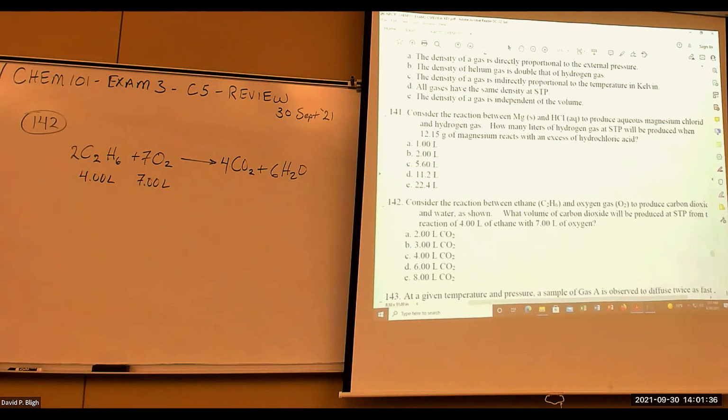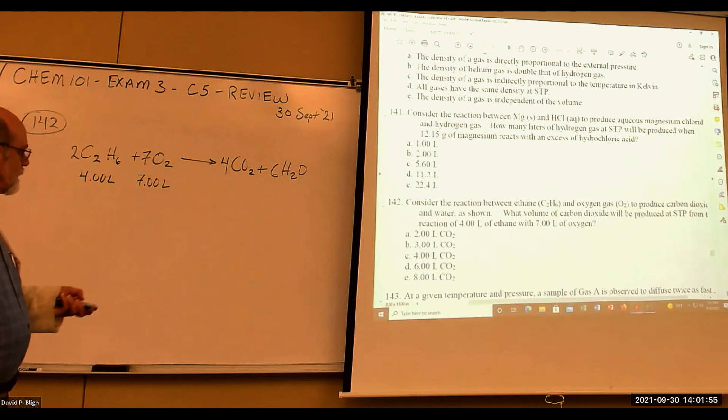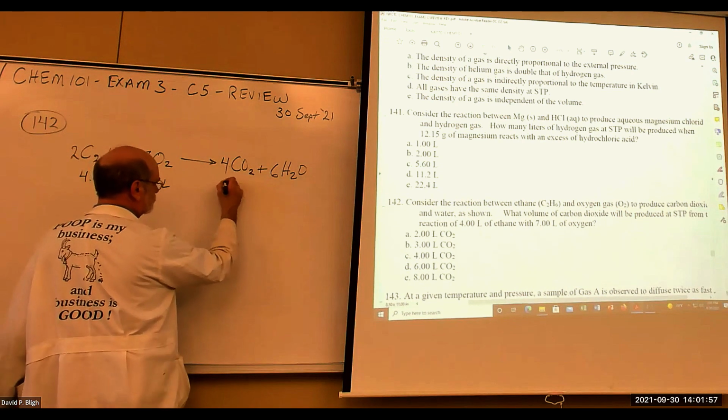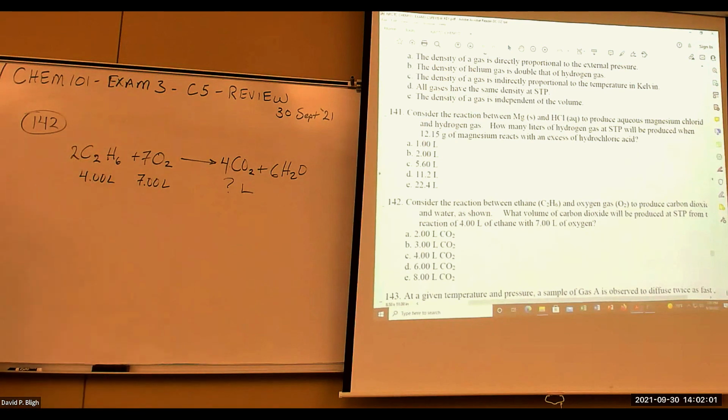And what have I said about reactions when you're given absolute amounts of reactants? One of them is limited. One of them is going to run out. We got to find out which one runs out and what volume of carbon dioxide will be produced. So we're aiming for this one. How many liters of carbon dioxide?